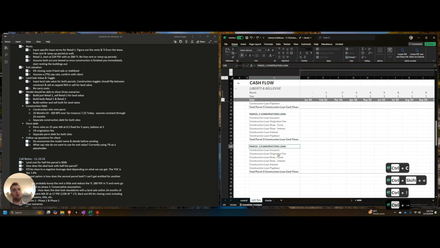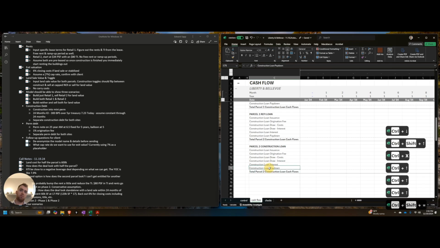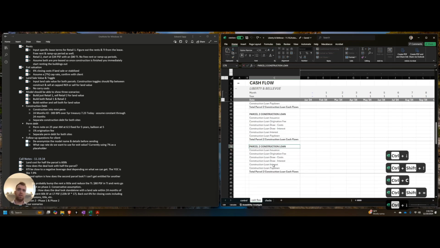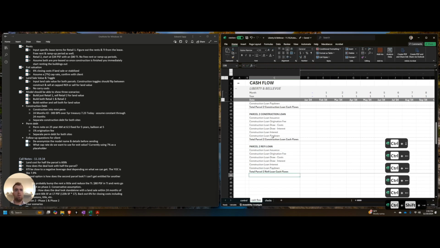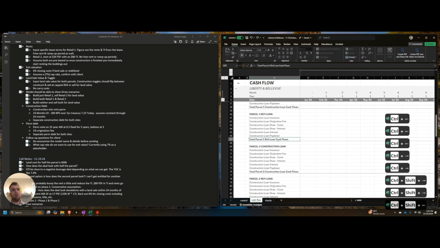Parcel 1 refi loan. I think actually doing parcel 1 refi under parcel 1 construction is going to be easier to read, because you want to see the loans next to each other. This is parcel 1.